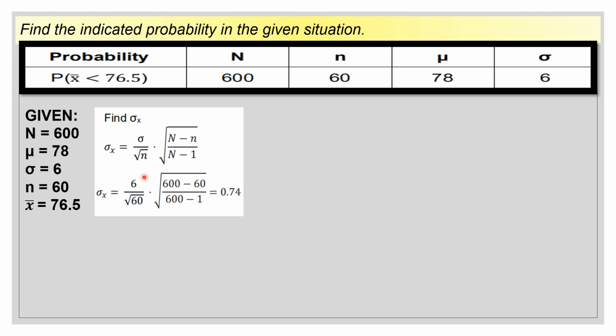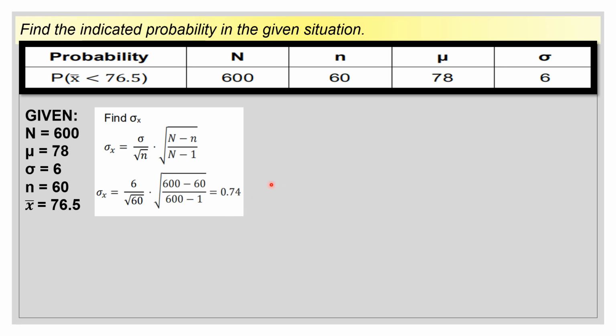So, by substitution, we have 6 over square root of 60 times square root of population minus sample all over population minus 1. Pwede niyong i-pause tong video na to and input it in your calculator. Dapat yung lalabas po natin is 0.74. So, very good kung nakuha nyo na yung 0.74.